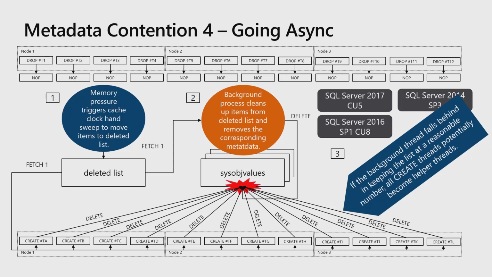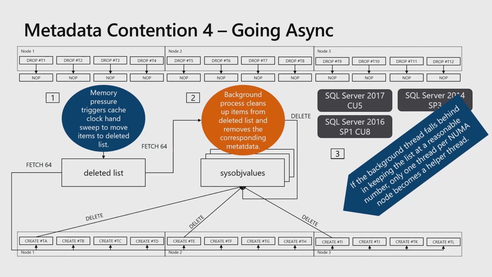And then each helper thread fetches 64 objects from the deleted list and deletes those 64 objects from the metadata rather than doing one at a time. So we're batching to 64 deletes at a time, and it's only one helper thread per NUMA node, not all the cores on the system.